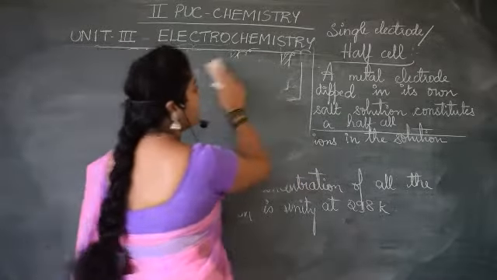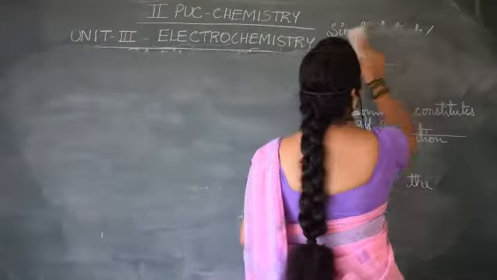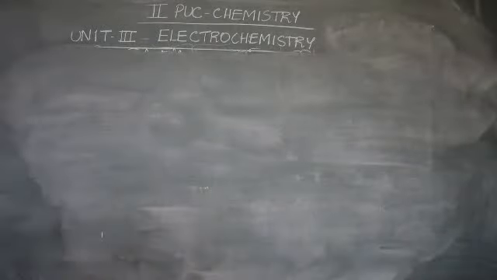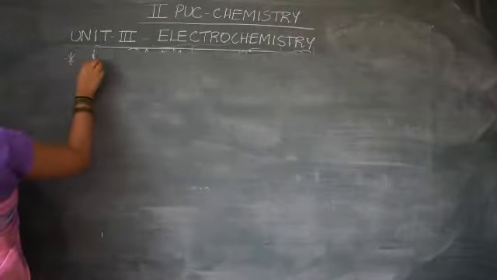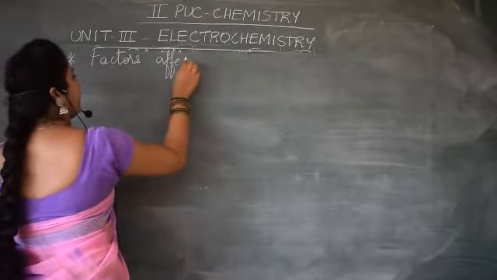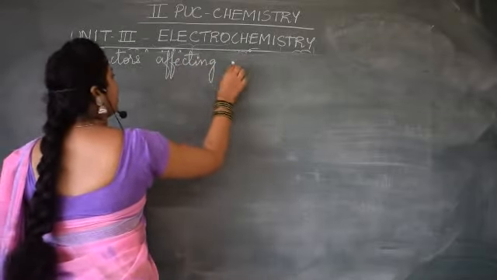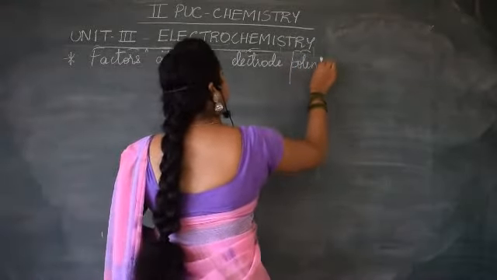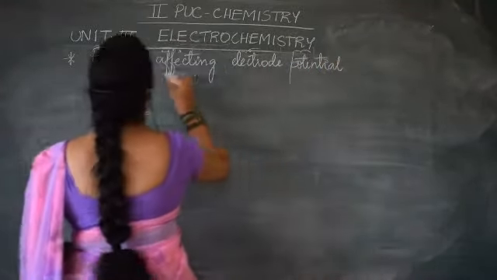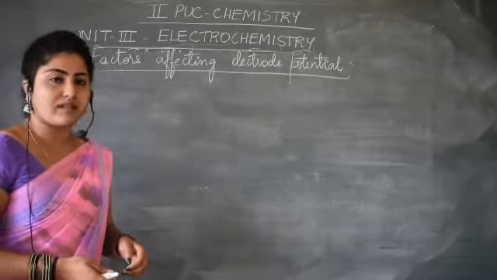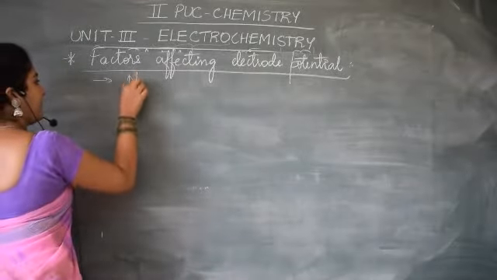Sometimes they will ask you which are the factors affecting electrode potential. So we know what is electrode potential. What factors may affect this? One is the nature of reactants.